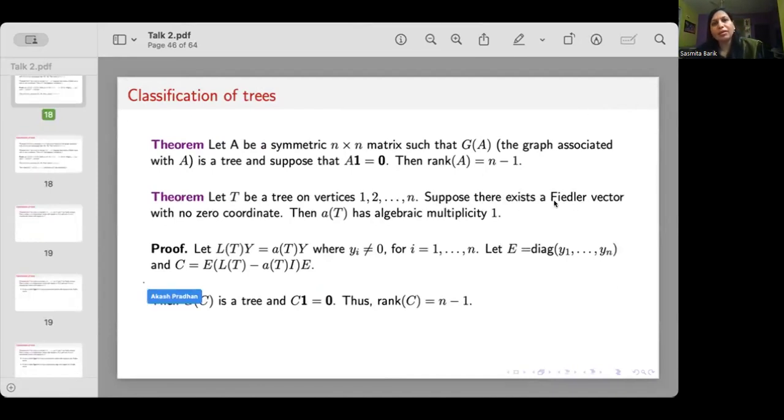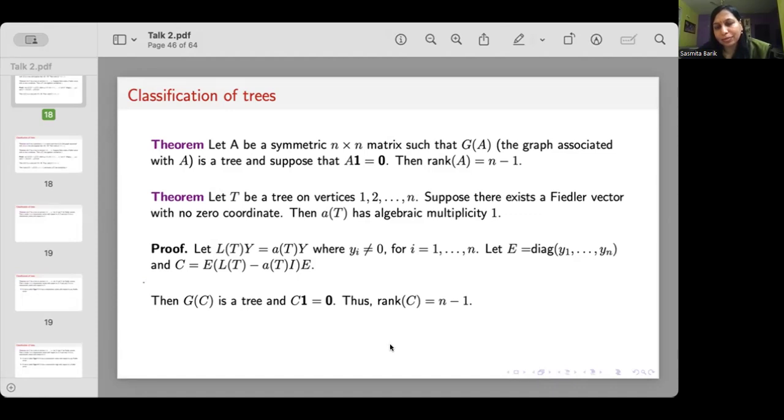This one is saying that if there is no zero coordinate, means a characteristic edge is there, then the algebraic multiplicity is 1 for the algebraic connectivity. And when the multiplicity of algebraic connectivity is more, obviously the tree is a type 1 tree. So their characteristic vertex will be there, like stars, he was asking.